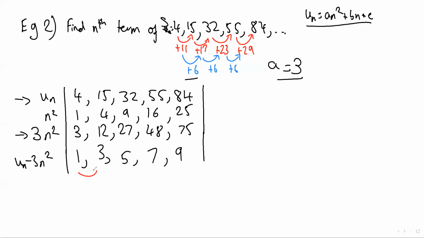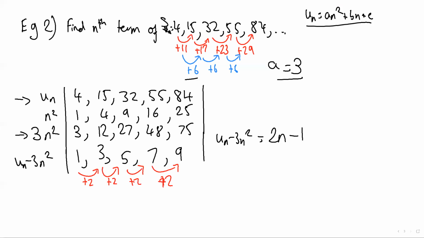Now we just calculate the nth term of this sequence. It goes up in 2s, so the common difference is 2. So we get u_n minus 3n squared equals 2n, and to get from 2 to 1, we just subtract 1.